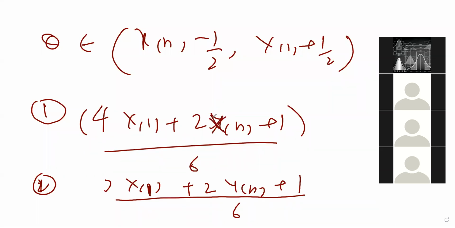The first option is (4x1 + 2xn + 1)/6, and the second option is 3x1 plus 2xn. The second option will be right, and the first option is wrong.